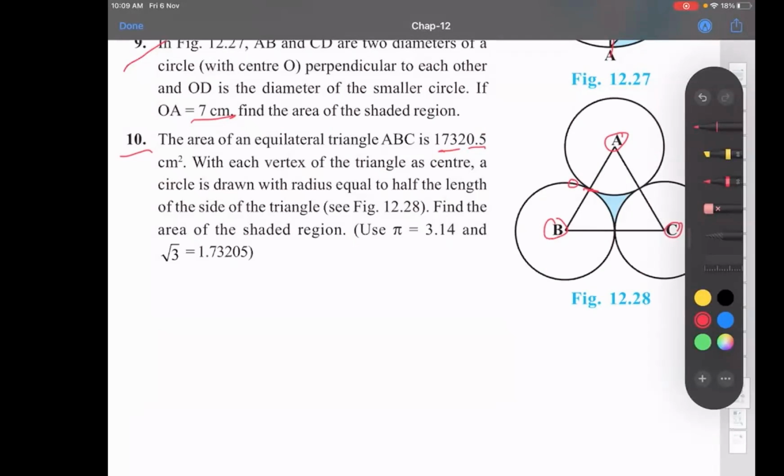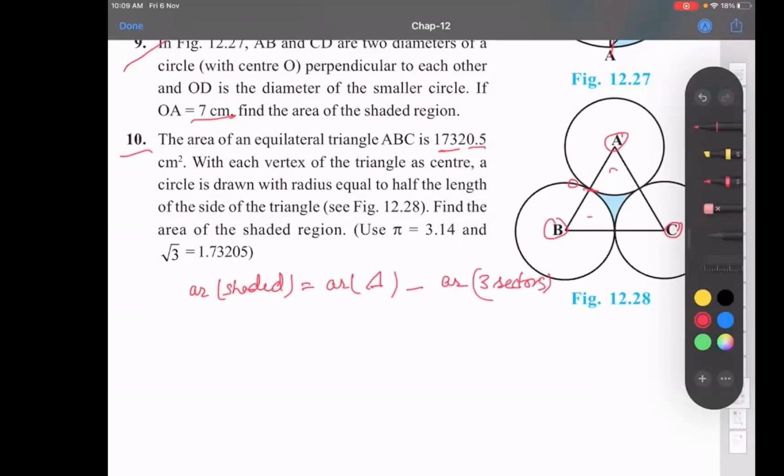Area of equilateral triangle is given to us. First, we need to find the side of the triangle. How do we find the area of this shaded region? Area of triangle minus area of 3 sectors.